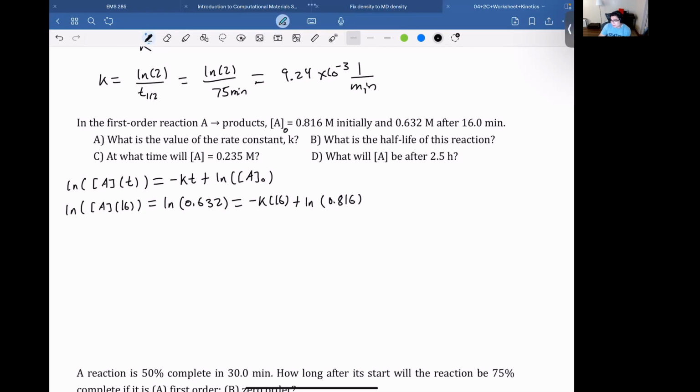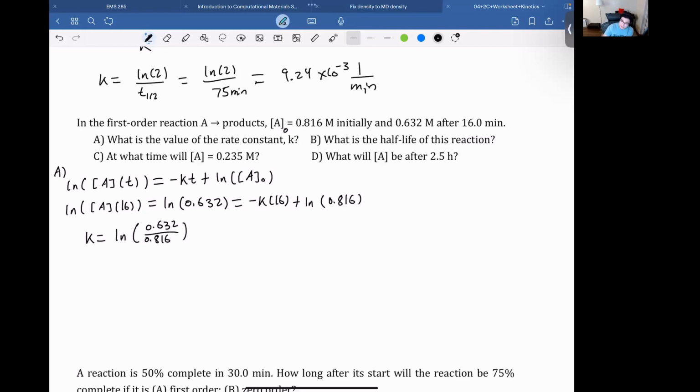You do a little bit of algebra here. I need space, so I'm going to skip a few steps. You get K is equal to ln of 0.632 divided by 0.816, subtracting ln of 0.816 from both sides. Using my logarithm rules, I can condense it.